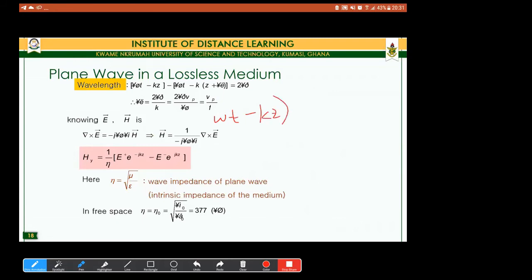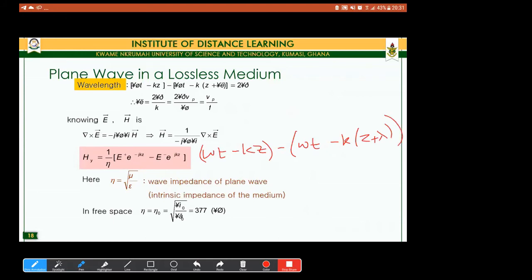If you advance one wavelength, then it will be omega t minus k into bracket z plus lambda, where lambda is the wavelength.